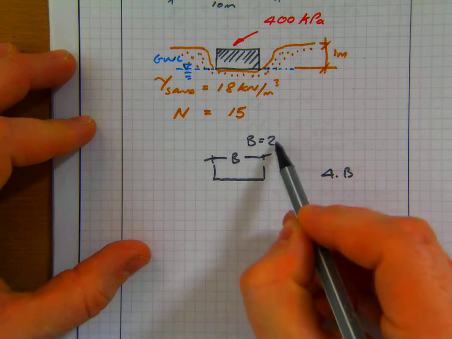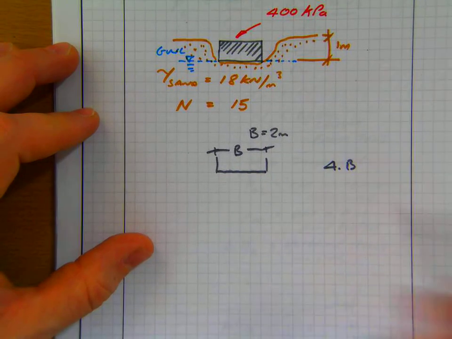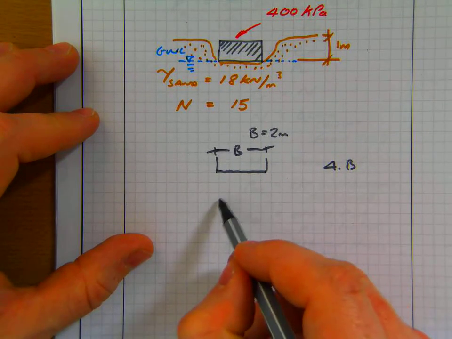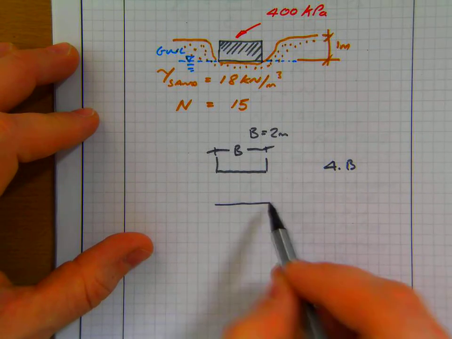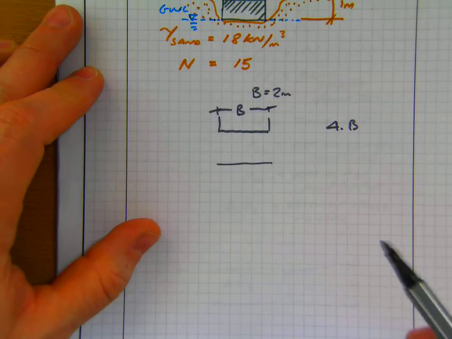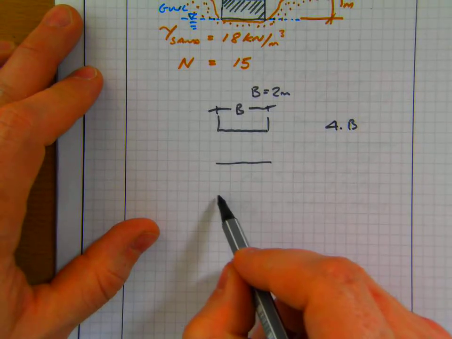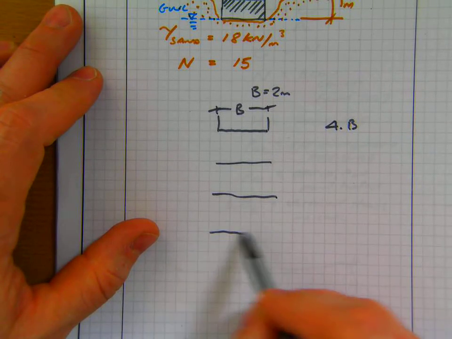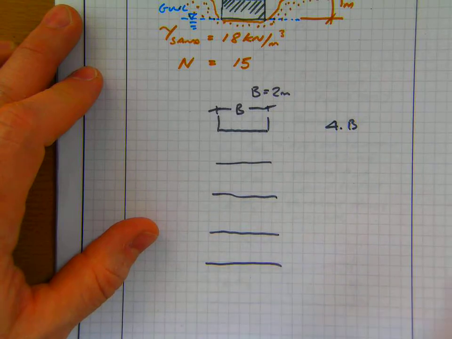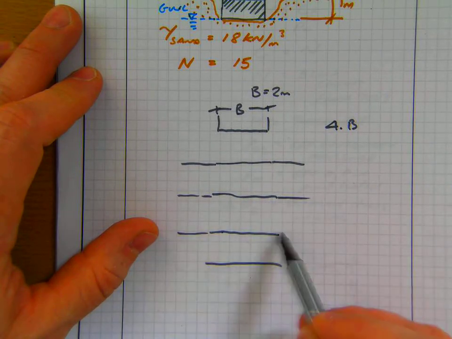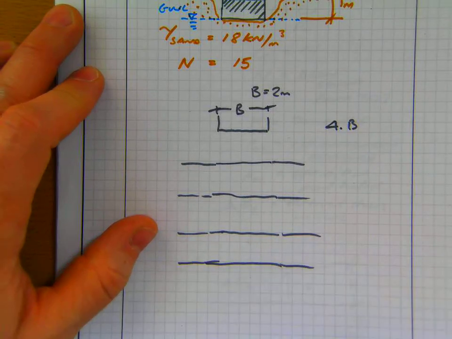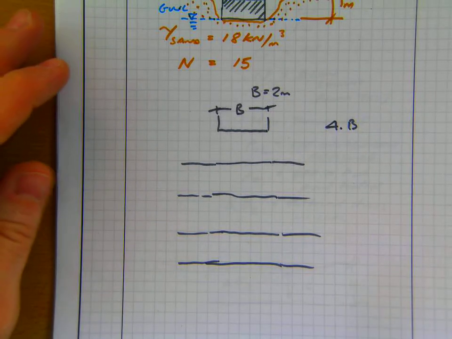I've not drawn this to scale, but look at layers of 2 meters. So you can imagine that we're basically going to be going down 4 lots of 2 meters, which is 8 meters, underneath this foundation.